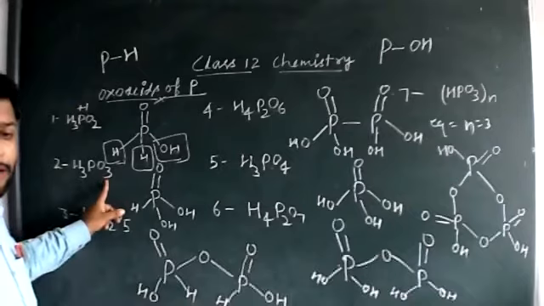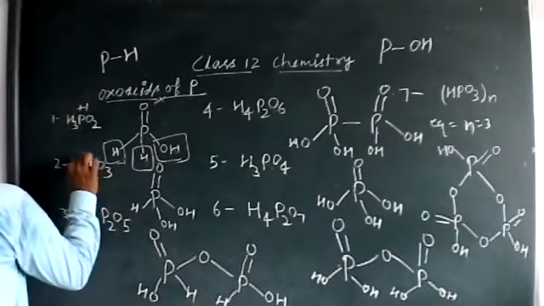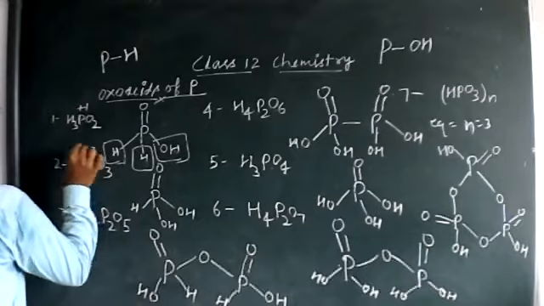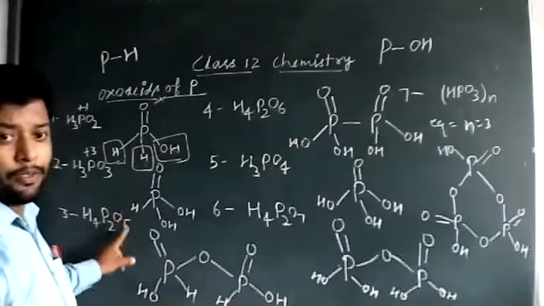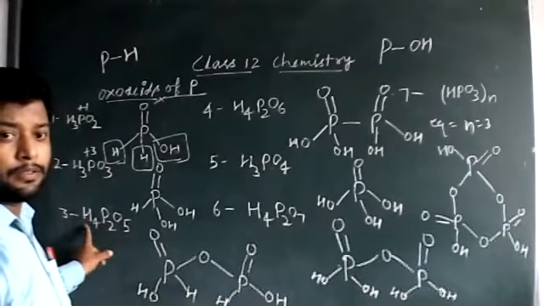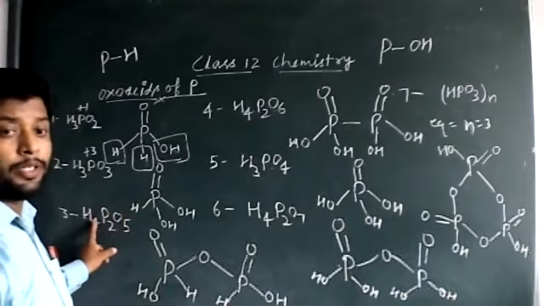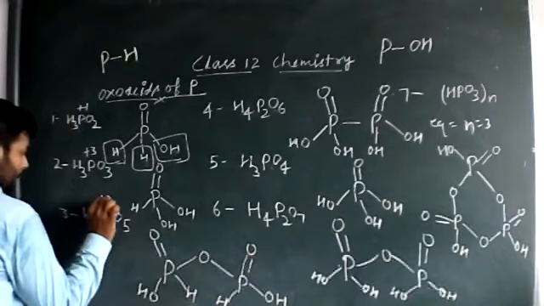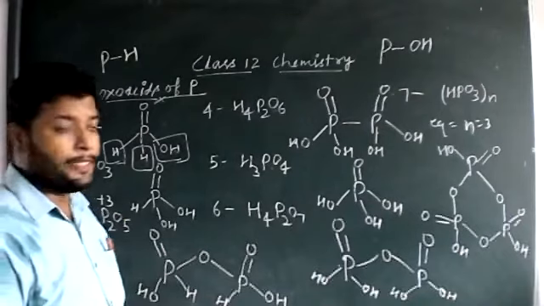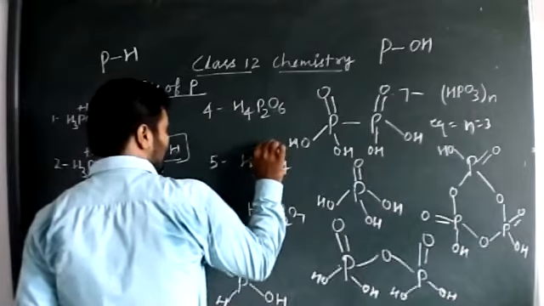In H3PO3 the oxidation number will be +3. What will be the oxidation number here? 5 2s are 10, 4, 6, 2, 3, so +3. And here you can calculate the oxidation number +5.